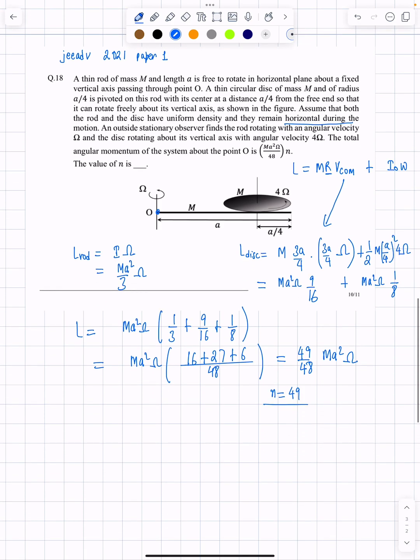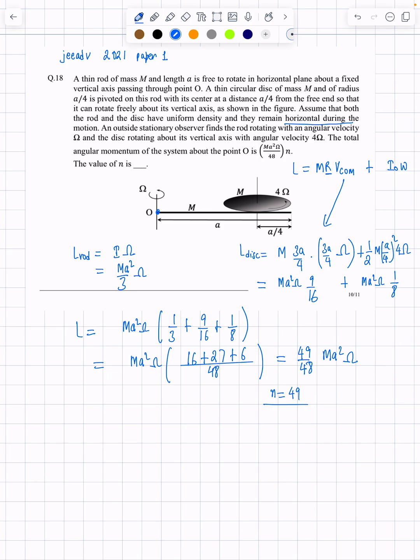So I just wanted to add one more point here. If in this question the circular disk was not spinning about its axis with 4 omega, and it's just the rod plus disk combination rotating around O with angular velocity omega, then we would have used the parallel axis theorem for the disk as well.